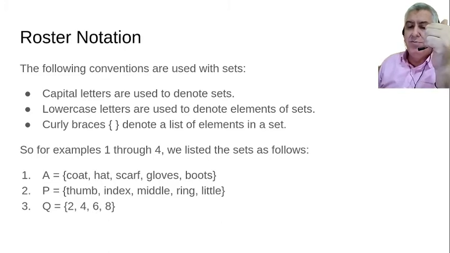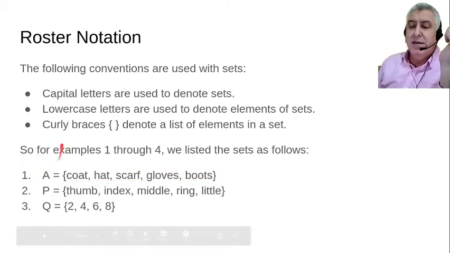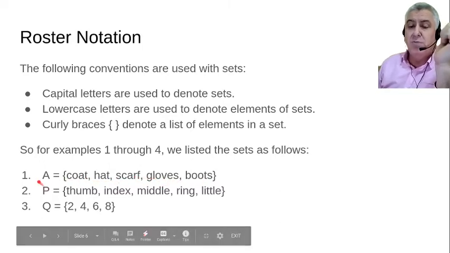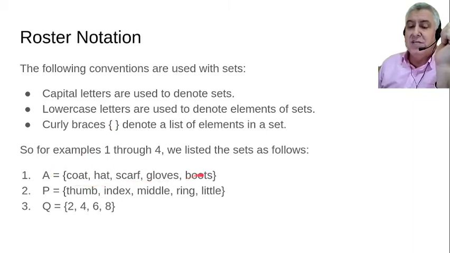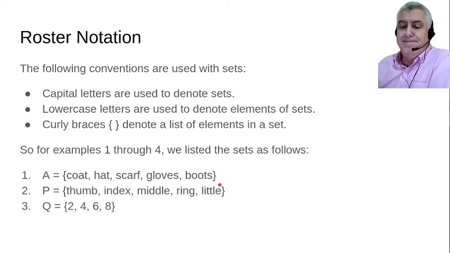When we talked about that set of clothes, we used a capital A. But if we want to talk about an element of the set, one of the things that's in there, like a coat or a hat or a scarf or the gloves or the boots, we're going to use a small letter, a lowercase a, and we're going to use curly braces on the outsides to close off that list of elements.